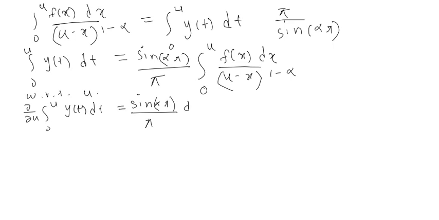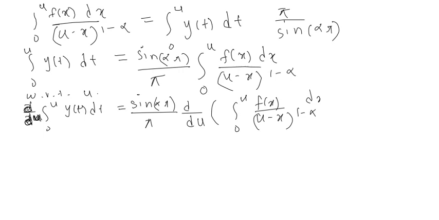In fact, not the partial differentiation, I am taking the complete derivative: d by du of integral from 0 to u f of x divided by (u minus x) raised to 1 minus alpha dx. Here when we apply the Leibniz rule, what will we get?